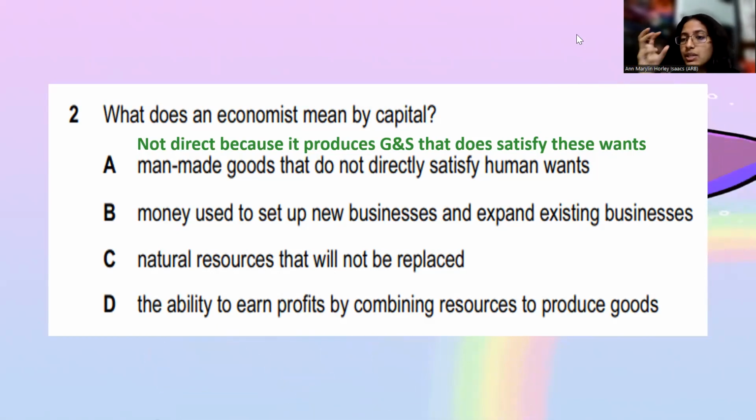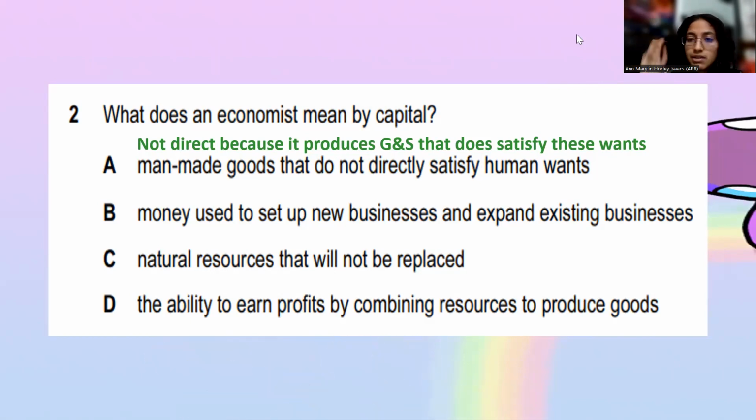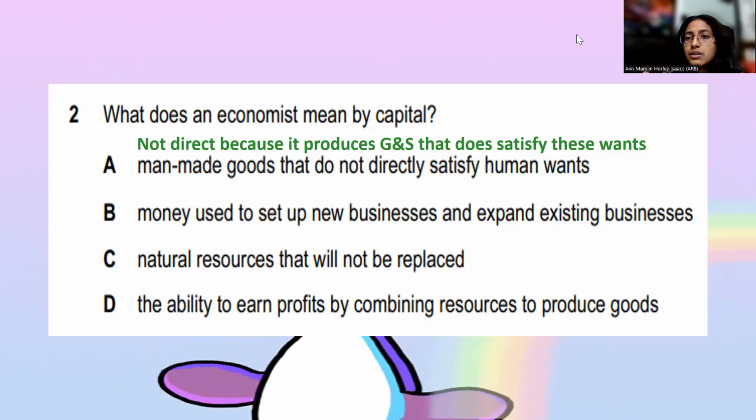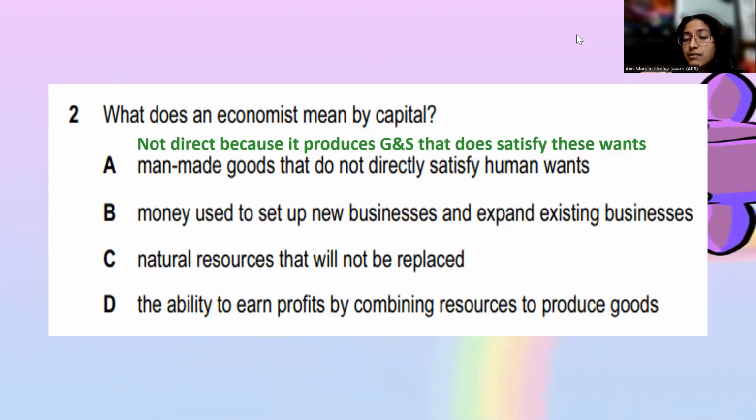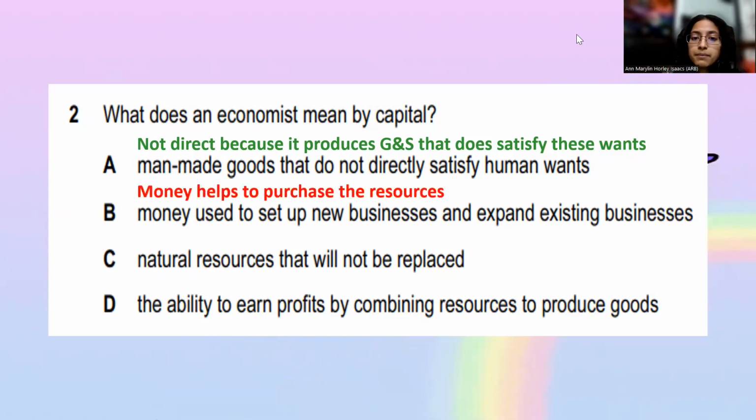You need some resources to make that book. Trees to make paper, staples to bind the book. Money in itself aids you in buying all these things, but it is not machinery and equipment, right? So it cannot come under capital. It helps you to purchase at the very best.